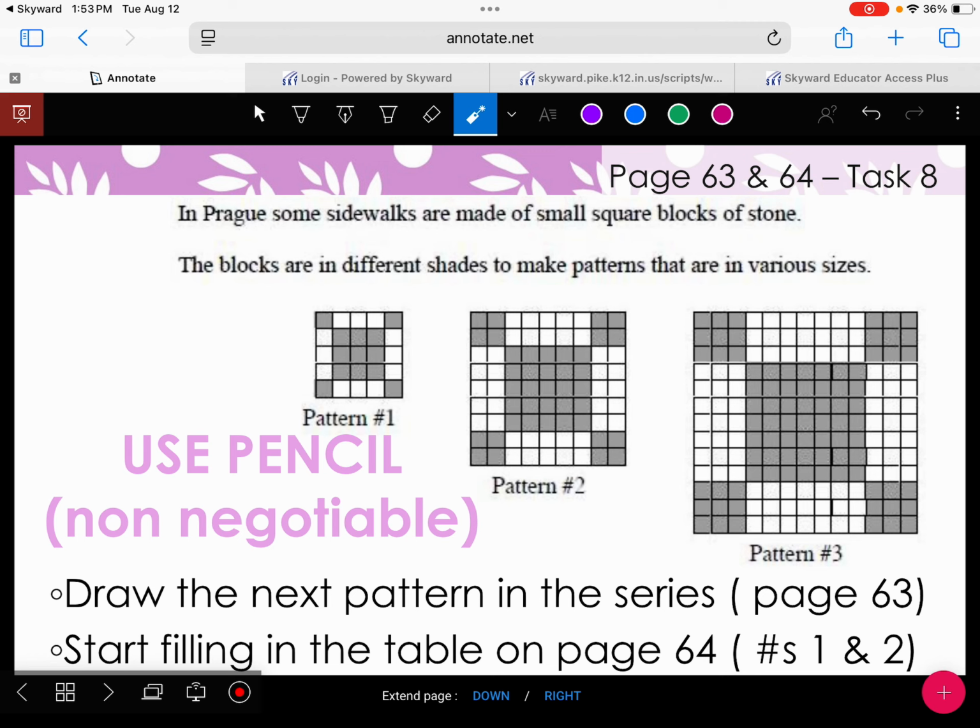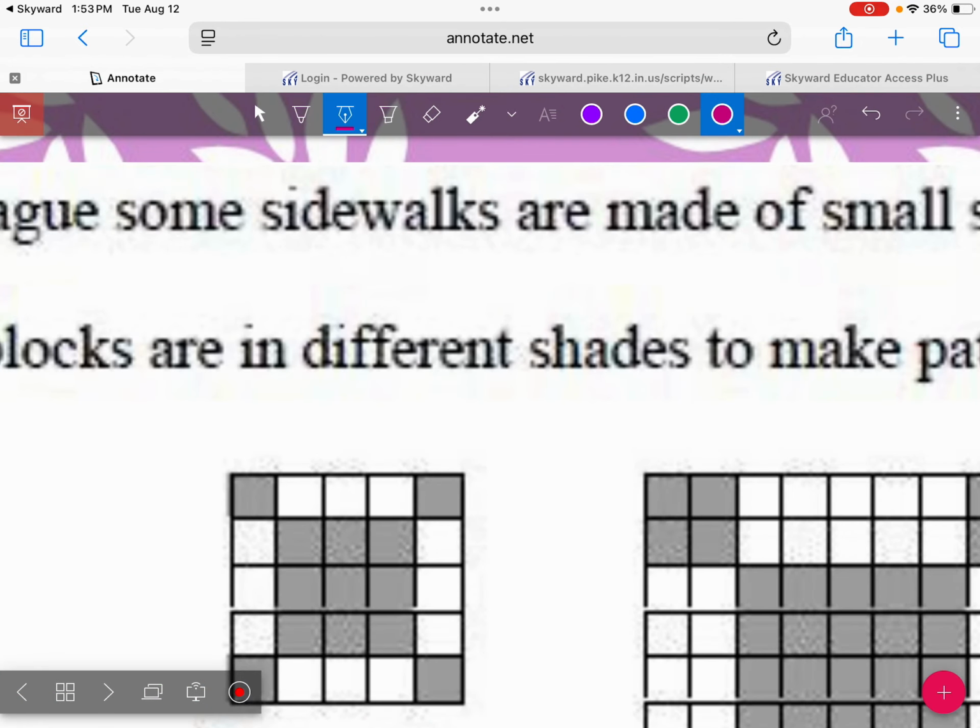All right, what do we notice about these 3 patterns? There's lots of things we can notice, but what is one of the things we noticed? Because we had to notice some things in order to draw the next part of it. Say it louder, because I'm old, I couldn't hear you. What goes up by 1? Yeah, we got these little corners.